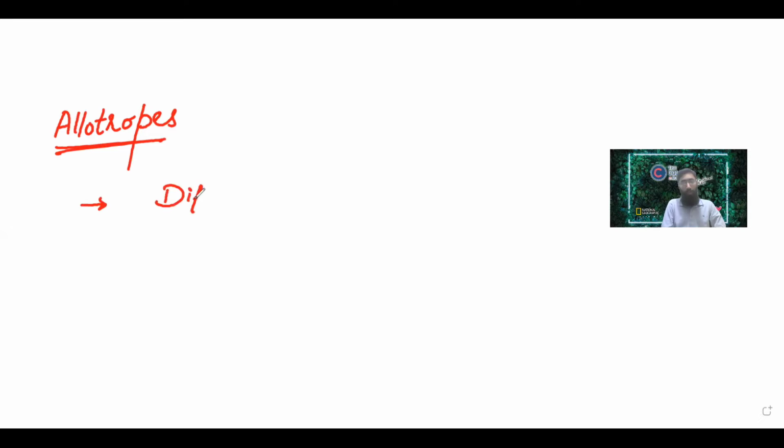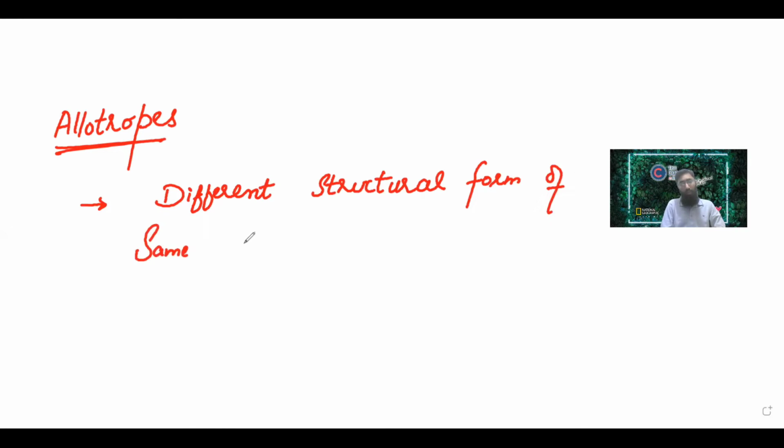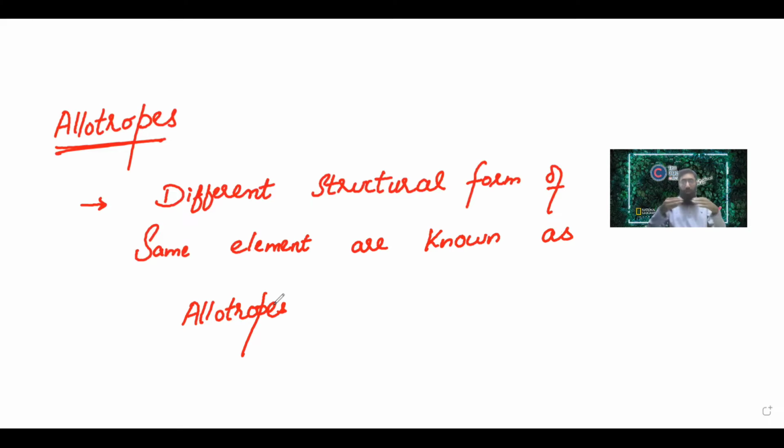Different structural forms of the same element are known as allotropes.